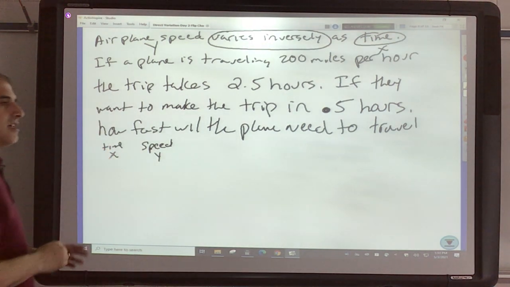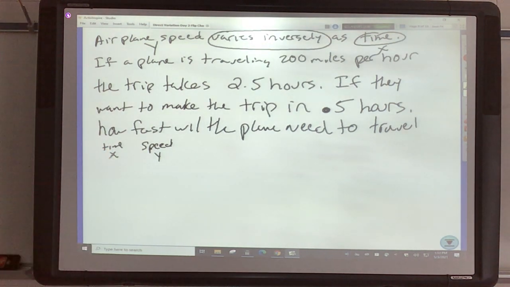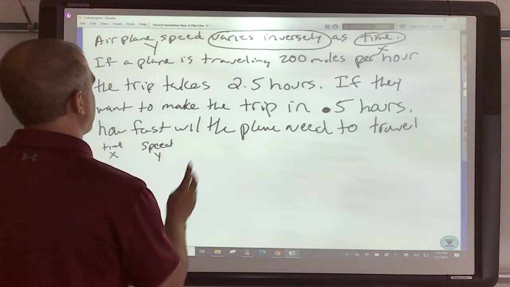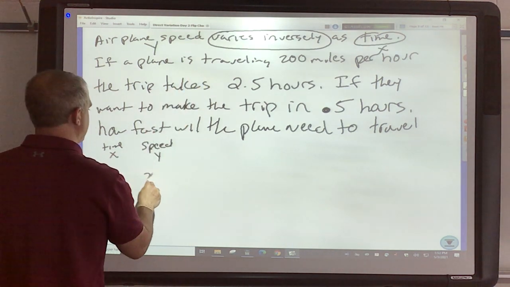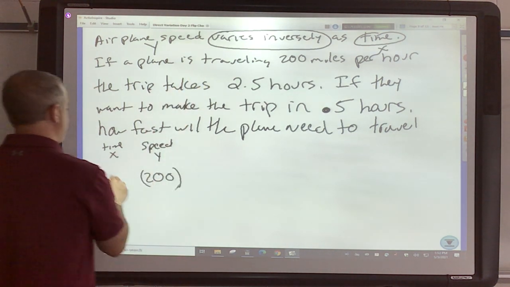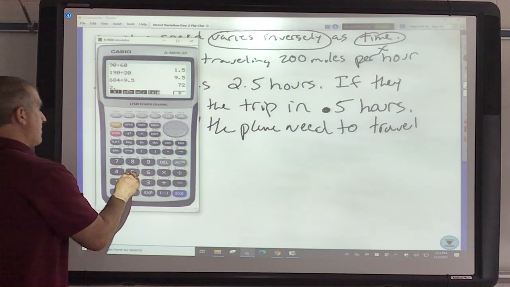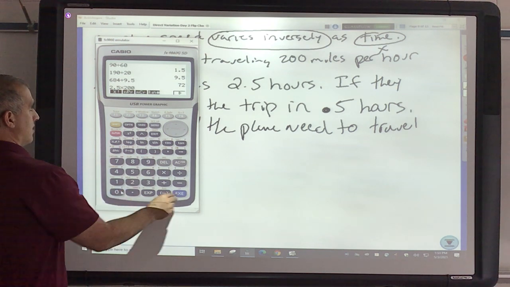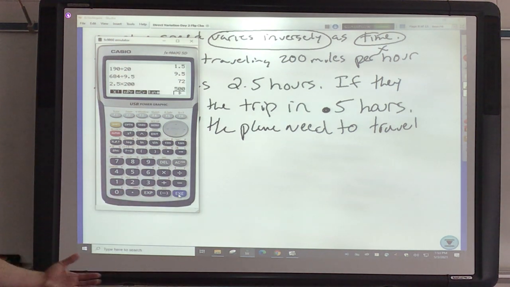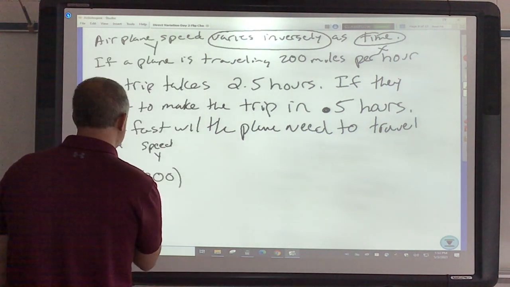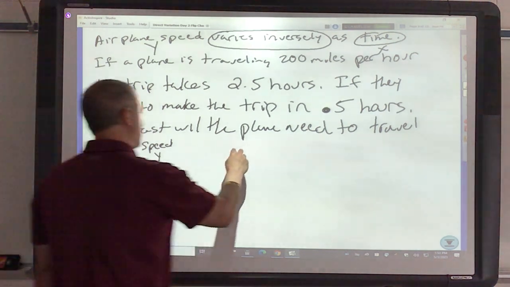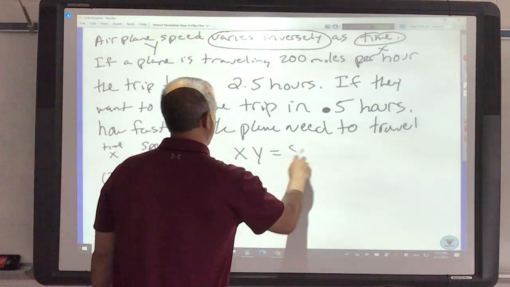Now, since they have told me that it is inverse variation, this first amount of 200 miles an hour times 2.5, go ahead and just figure that out right off the bat. Because remember, inverse variation is the multiplier. So the constant is going to be 500. So my equation is xy equals 500.